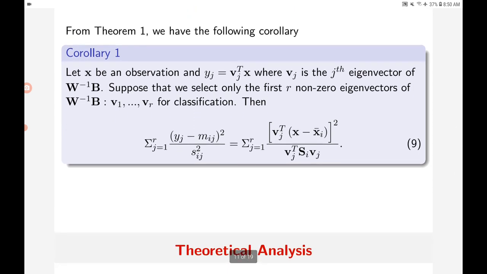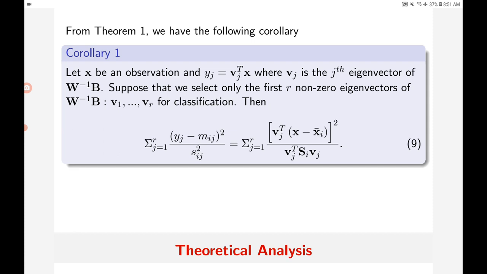And from that theorem, we also have the following corollary, which says: let x be an observation and y_j equal to V_j transpose times x, where V_j is the j-th eigenvector of W inverse times B. And we suppose that we only select the first R non-zero eigenvectors of W inverse times B, that are V_1 to V_r, for classification.